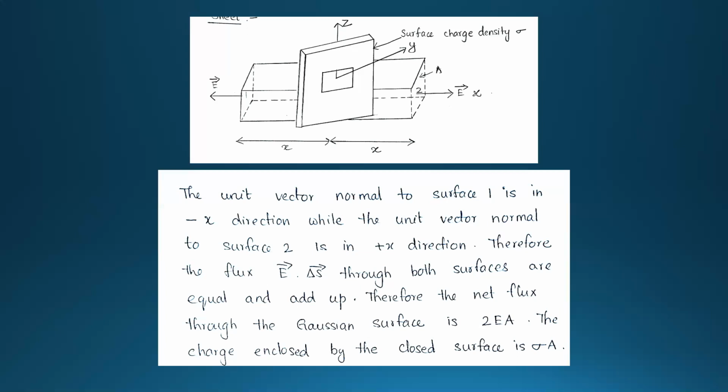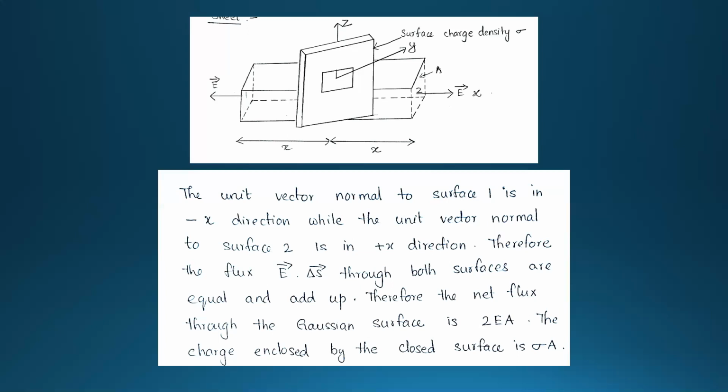Now, coming to the point, the charge enclosed by the closed surface is sigma A. We all know sigma is the surface charge density. That means for one unit area, the charge density is sigma.